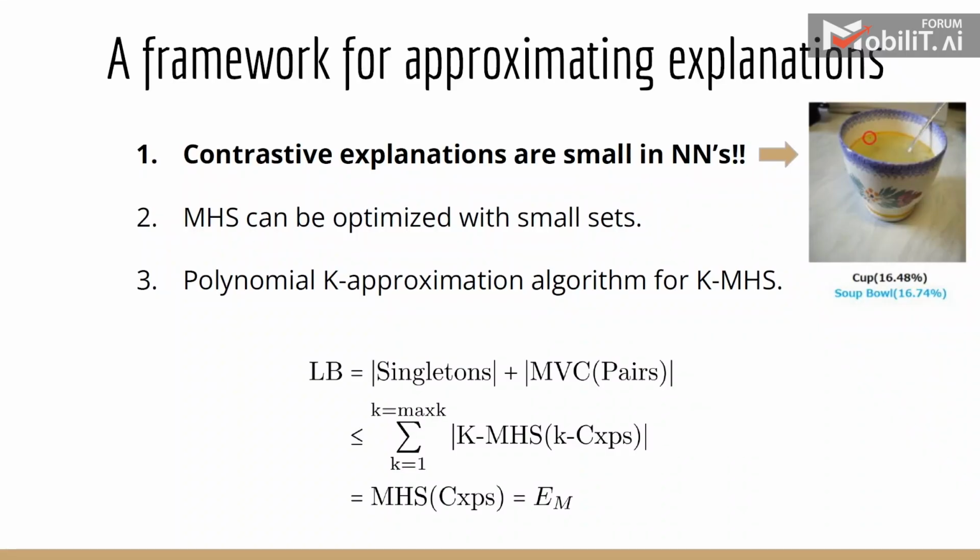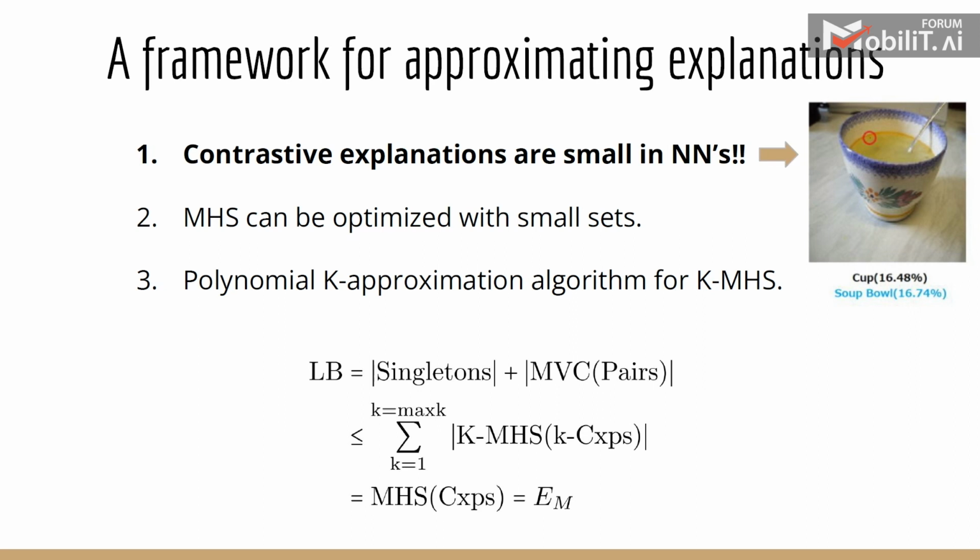And what happens in practice is that because neural networks are very sensitive to small input perturbations, small contrastive explanations exist. And this quality is important. We can take advantage of the fact that neural networks are sensitive to small input perturbations, and we can find very small contrastive explanations.